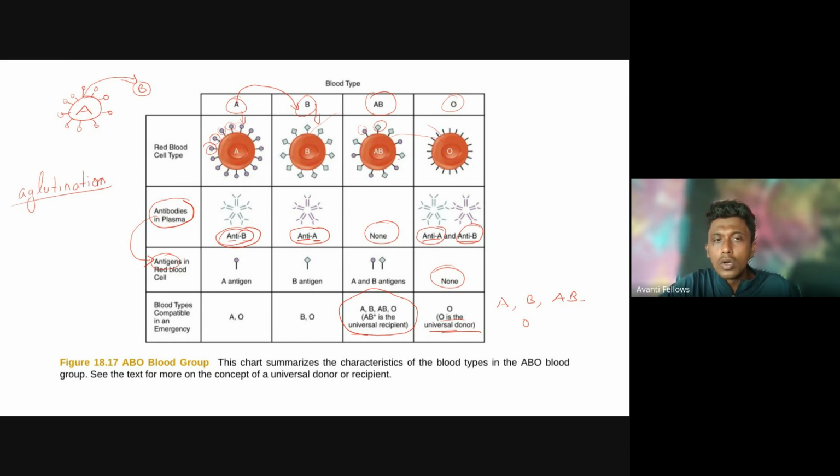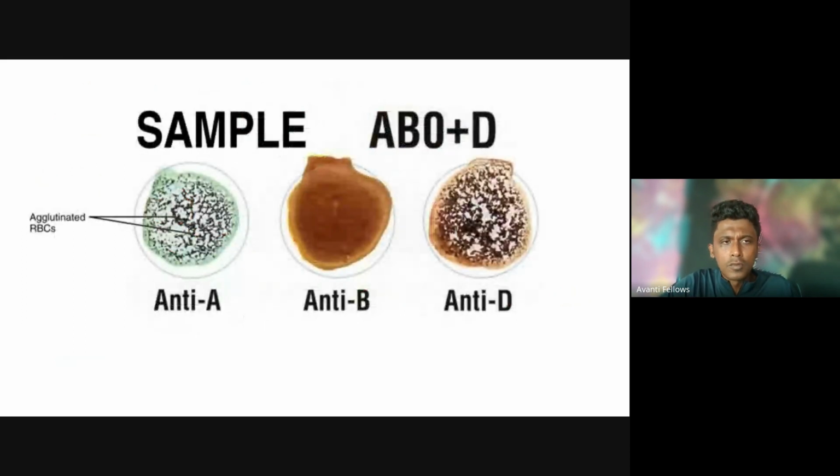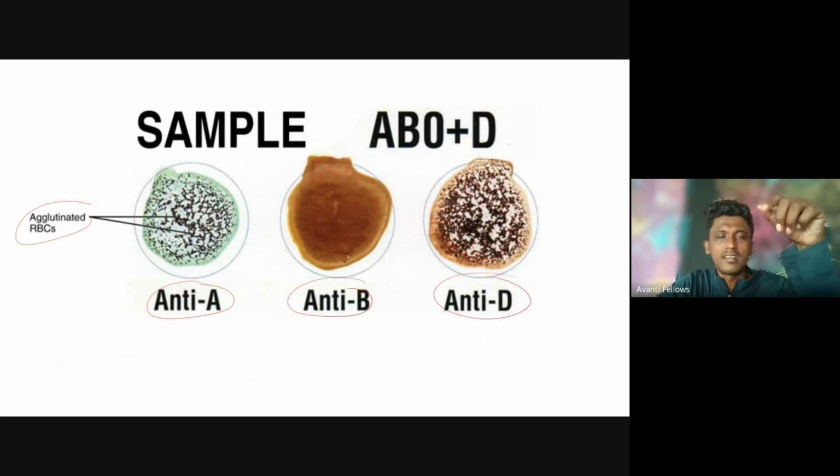And how do we check these blood groups? Basically, you can see here agglutinated red blood cells. We use anti-A, anti-B, anti-D antisera. So these are some testing kits. When I put anti-A antisera in A blood group, the blood will clump.